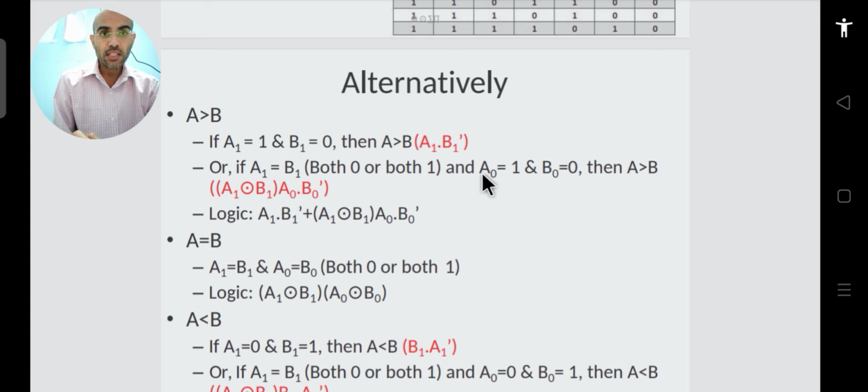It is very easy, because you can see an AND gate here and an equivalent gate here. So for this case, you can write an equivalent gate.